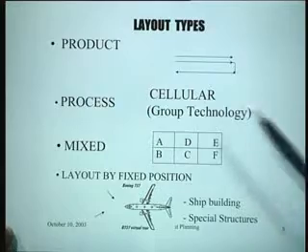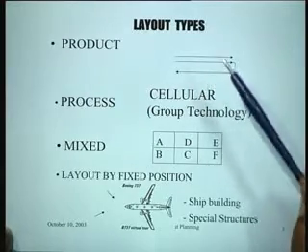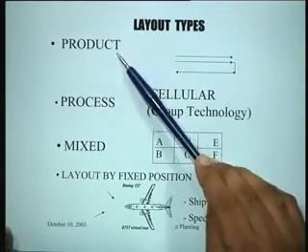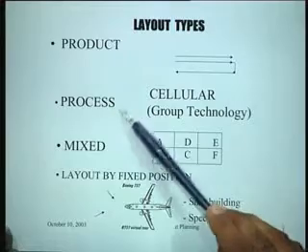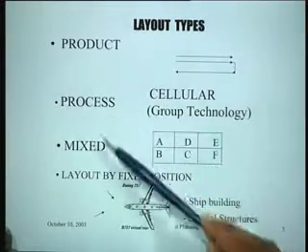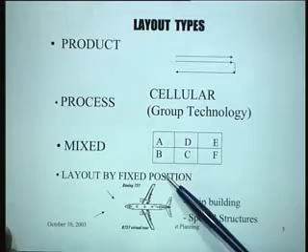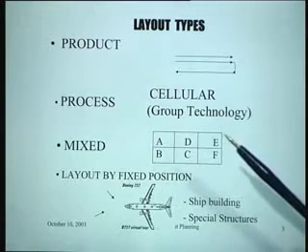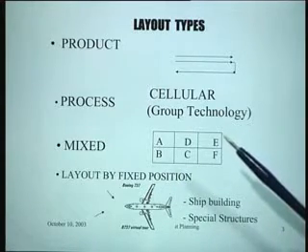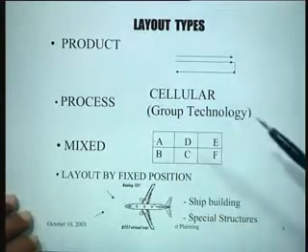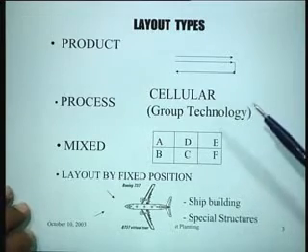Let us have a brief idea about different types of layout. Broadly speaking, we can talk about a product layout, a process layout, or a mixture of these two, which is called a mixed layout, or a layout by fixed position. Let us see, for instance, what are the features of each of these different types of layouts.